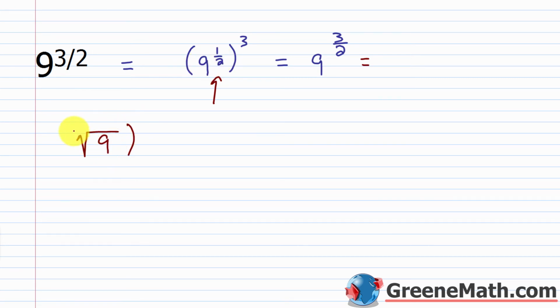Then, once I've written it like that, I can raise this to the 3rd power, and then it's completely crystal clear that this is 3, right? Square root of 9 is 3. That's raised to the 3rd power, or 3 cubed, which gives us a final answer here of 27.